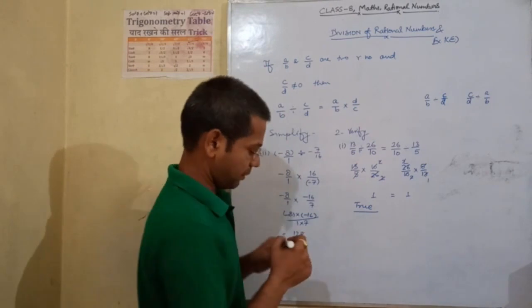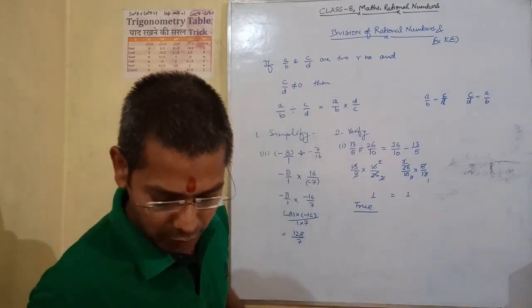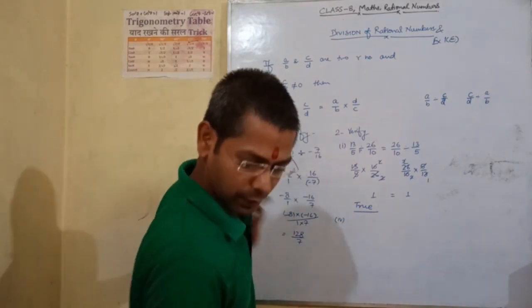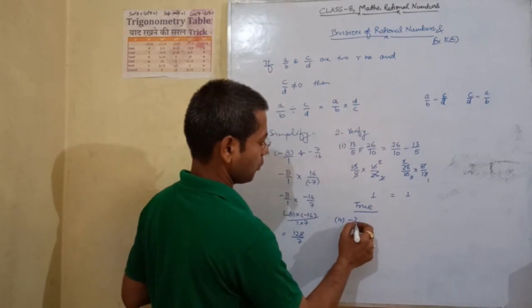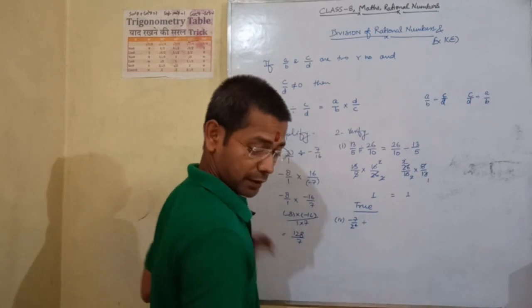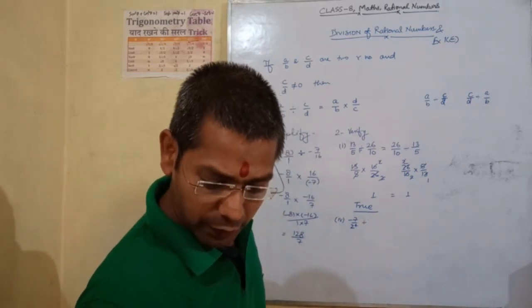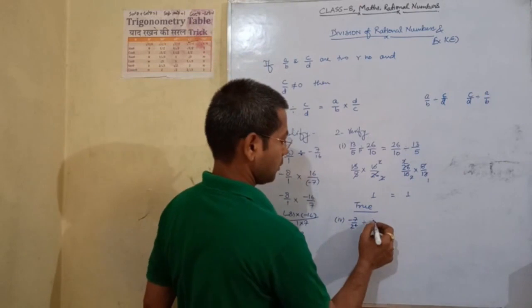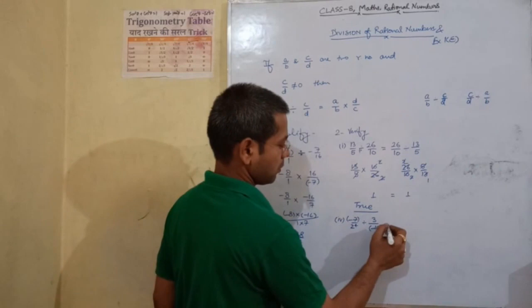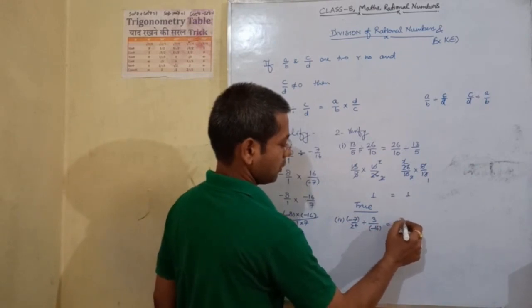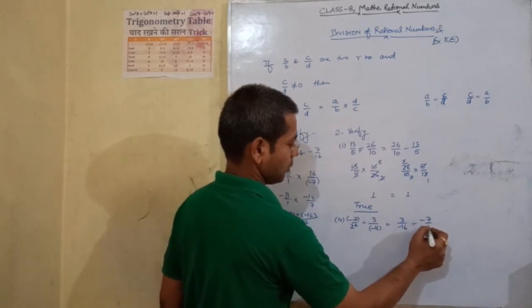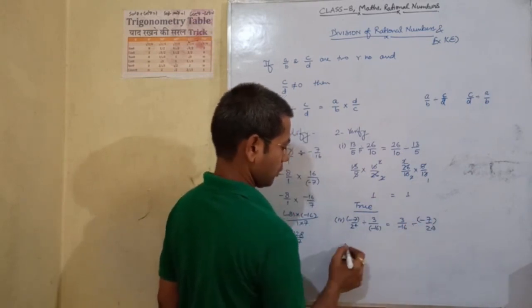We have to do every part, like the second and third part. Let me do one more, the fourth one. In the fourth part, minus 7 upon 24 divided by 3 upon minus 16, and 3 upon minus 16 divided by minus 7 upon 24.